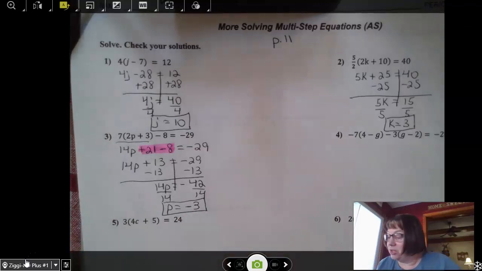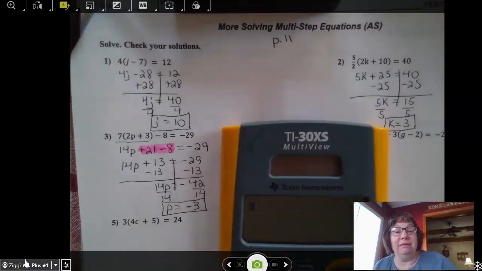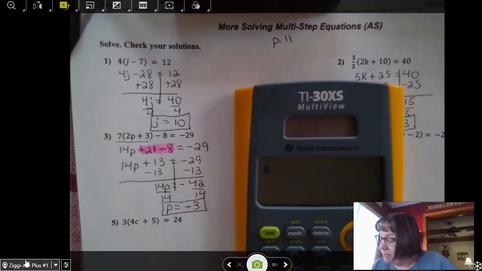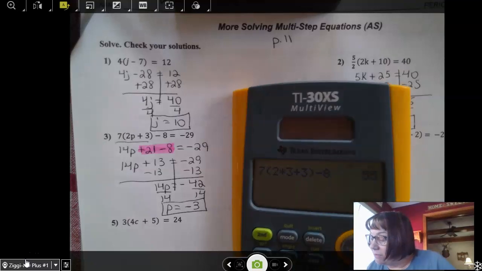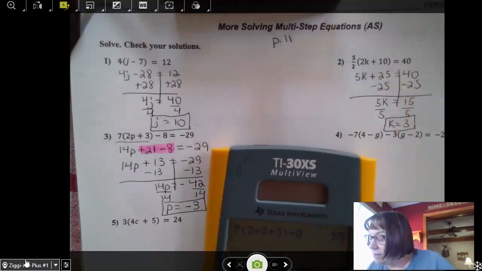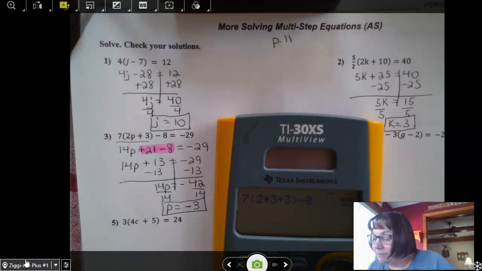So again, let's check our answer. We put in 7 parentheses 2 times 3 plus 3 minus 8. And I got 55. So something's wrong there. I think it was the way I typed it in.